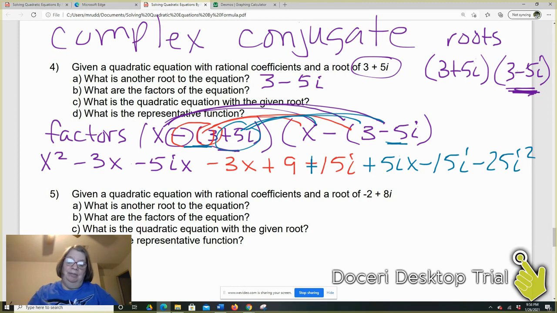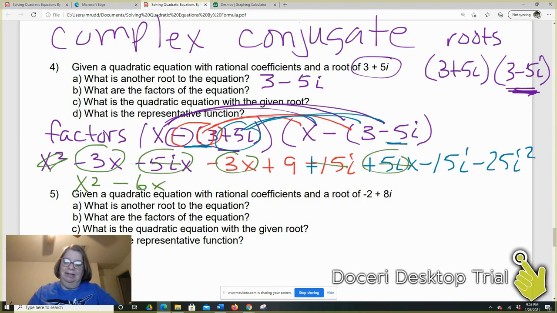Okay, now we got to simplify. So let's look. We have x squared. The x's, you've got negative 3 and negative 3. The i-x's, you got a negative 5 right here and a positive 5 right here, so those cancel. The 15i's cancel. What happens to this negative 25i squared? i squared is negative 1, so this becomes positive 25.